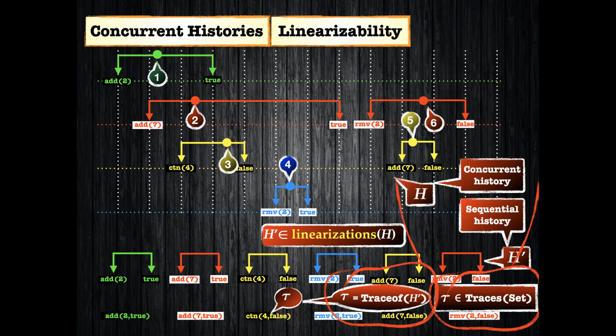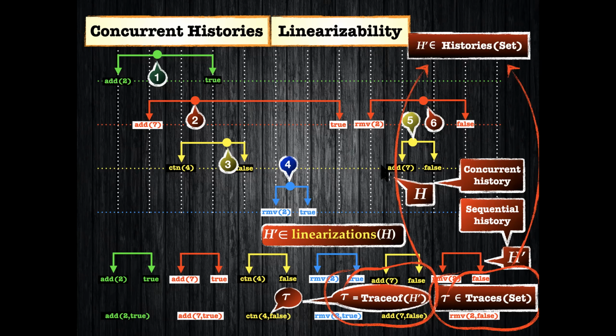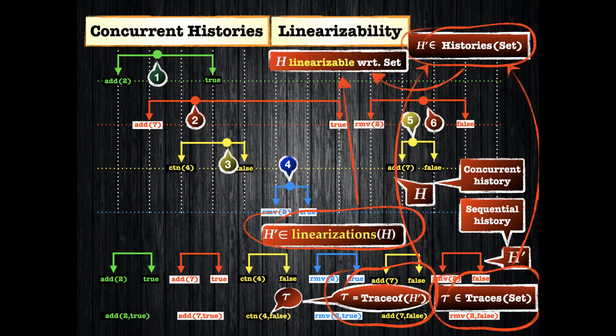And therefore, this means that H prime is a history of set, the sequential history H prime. And because H prime is a linearization of H, and because H prime is in the set of histories of set, we say that now H is linearizable with respect to the abstract data type set.